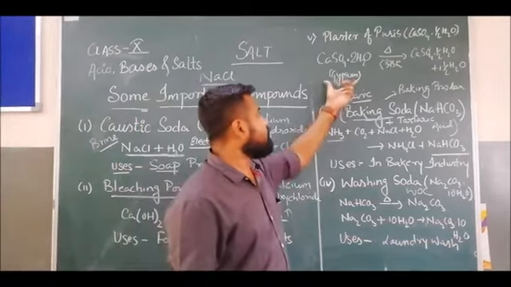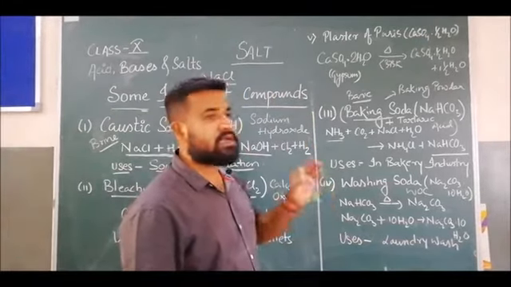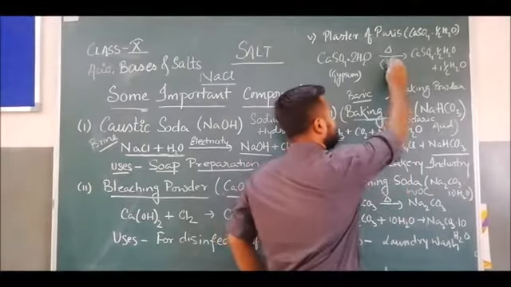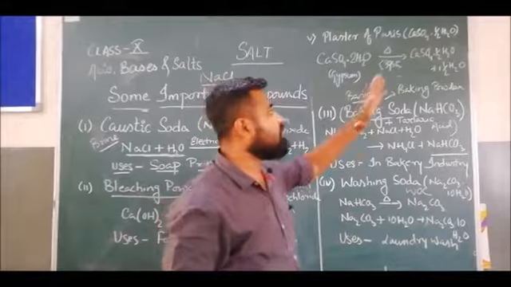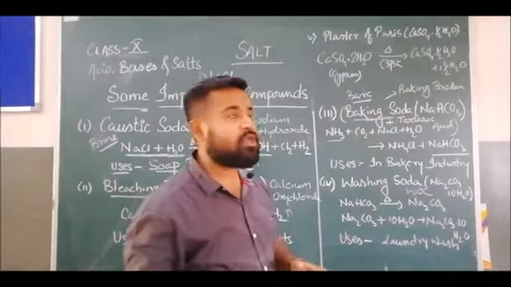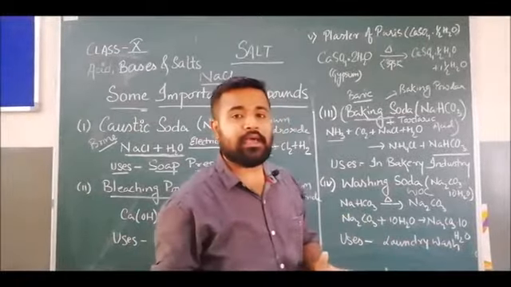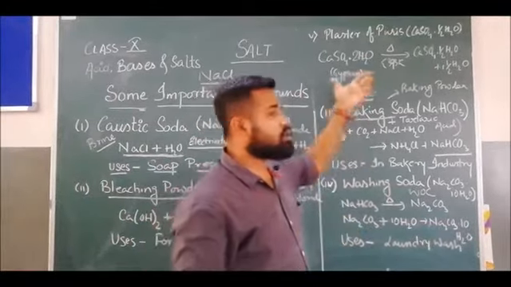So when gypsum, that is calcium sulfate dihydrate, CaSO4.2H2O, is heated below 393 Kelvin temperature, it gives calcium sulfate hemihydrate, which is called plaster of Paris.